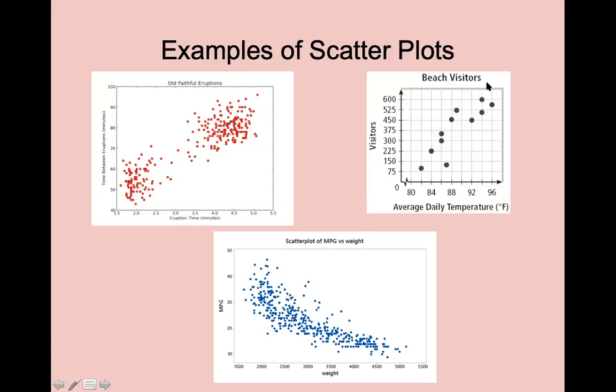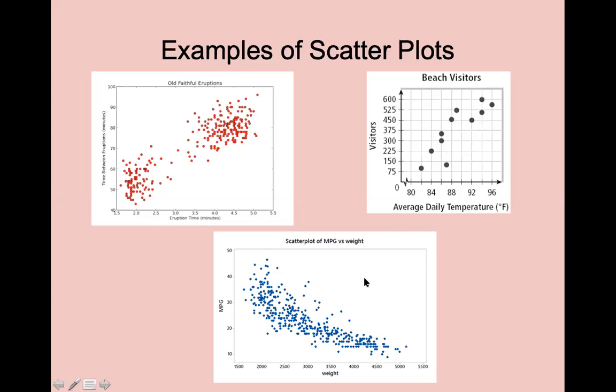Here we have some examples of scatter plots, and scatter plots just relate quantities. Here we have Old Faithful eruptions, with the eruption time in minutes versus the time between the two eruptions. It's an interesting little piece of data. Here you look at the daily temperature and how the visitors to a beach might increase or decrease. As it gets hotter, it looks like more people are going to the beach.